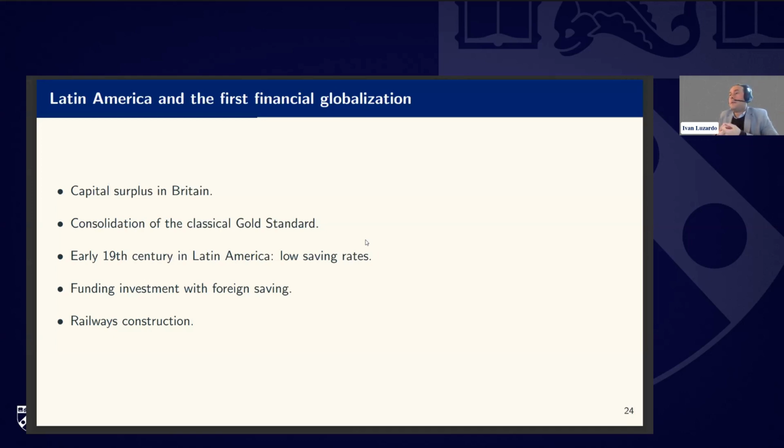So if you were investing, for instance, in a railroad in Chile, and your investment was denominated in gold, you are not worried about depreciation because you have a fixed exchange rate.